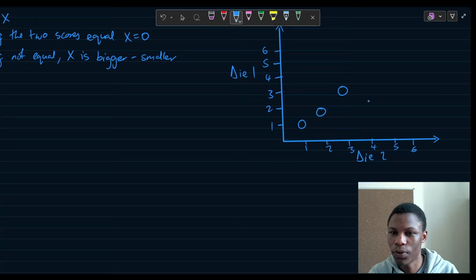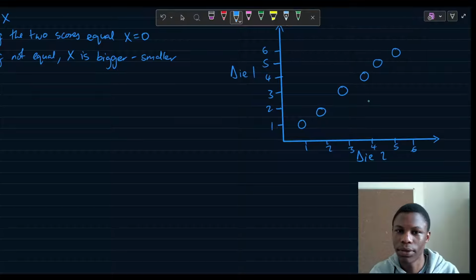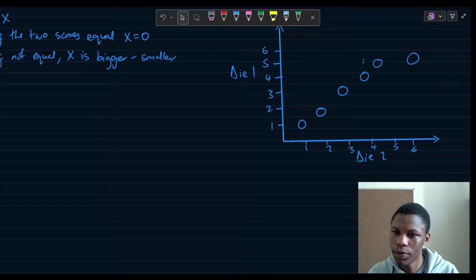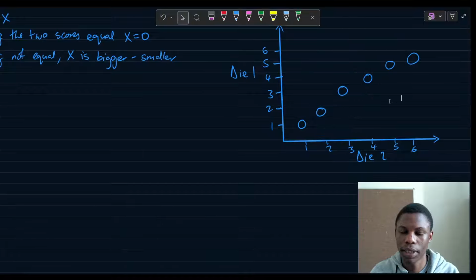Same goes for 4, 4, 5, 5, and 6, 6. So this whole diagonal is just 0.